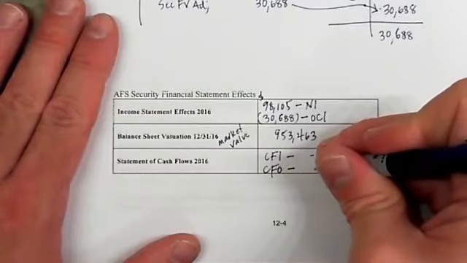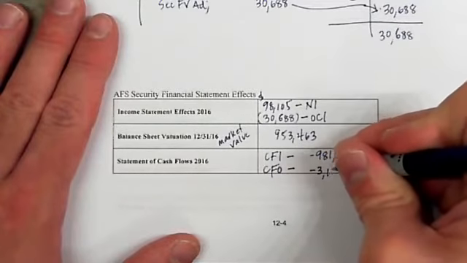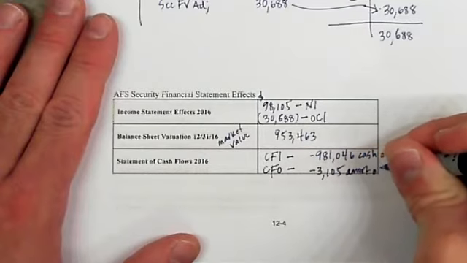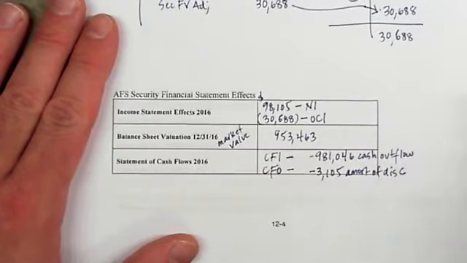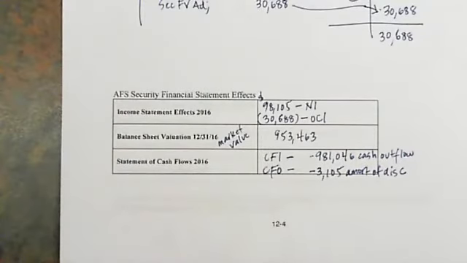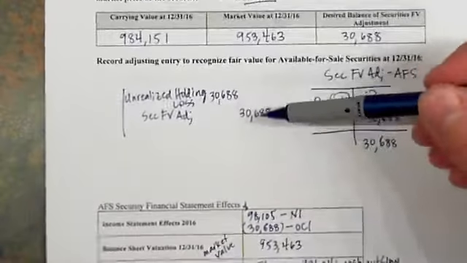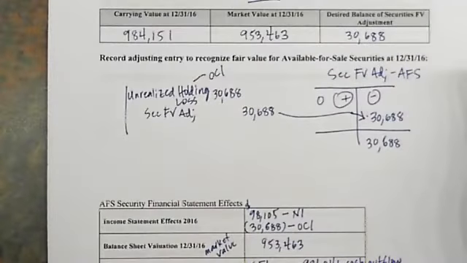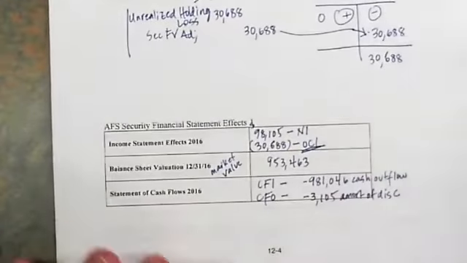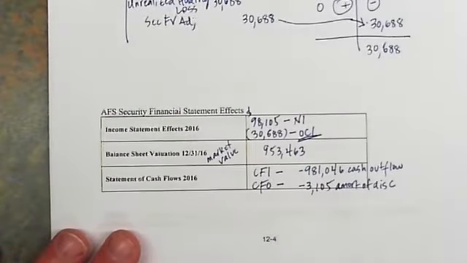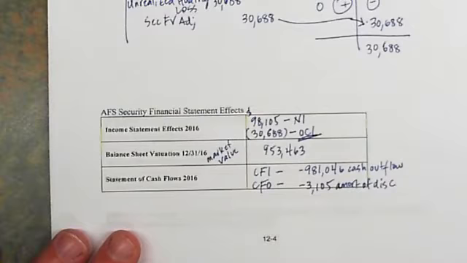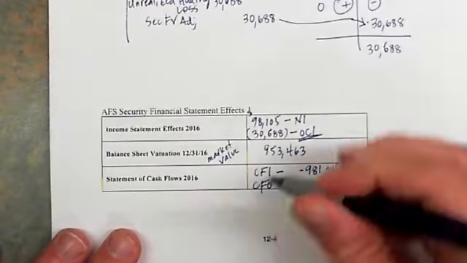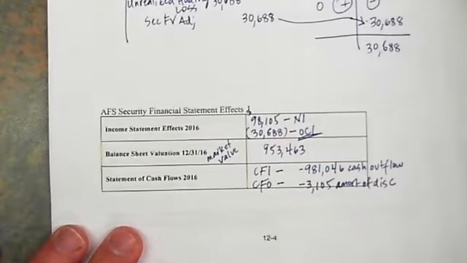Remember, that was a $3,105 discount. Remember, we don't have to make any adjustment for the mark-to-market effect because this went to OCI rather than to net income, right? Because it went to OCI, there's no need to adjust net income for that effect in order to derive cash flow from operating activities.